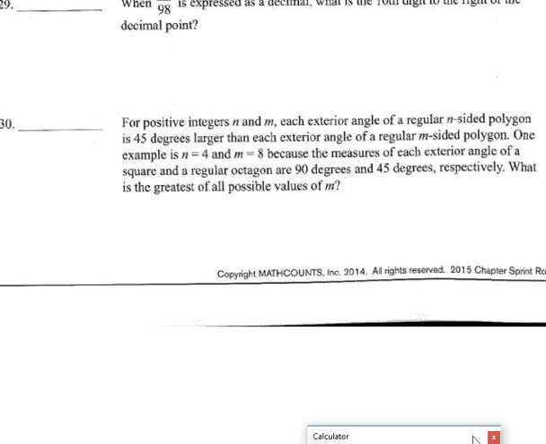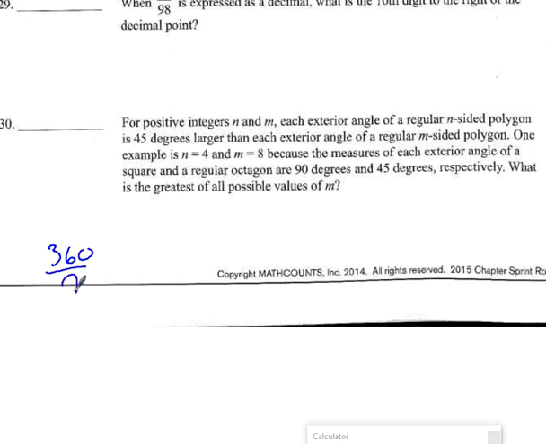So, well, I can start looking through the equations. I mean, that sounds pretty gnarly, but let's go for it. So we know that each exterior angle of a regular n-sided polygon has a degree measure of 360 divided by n.